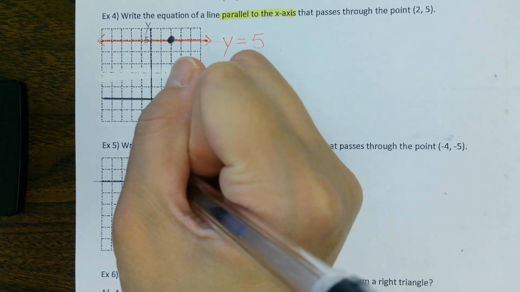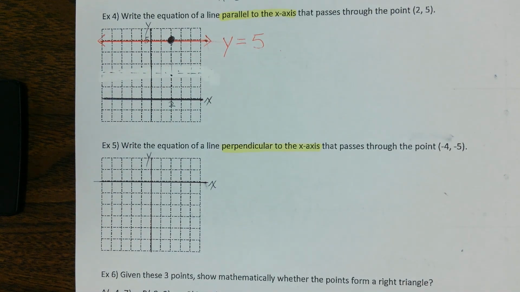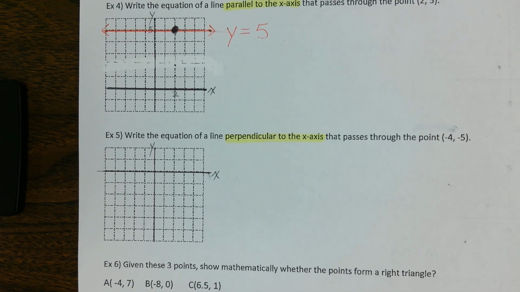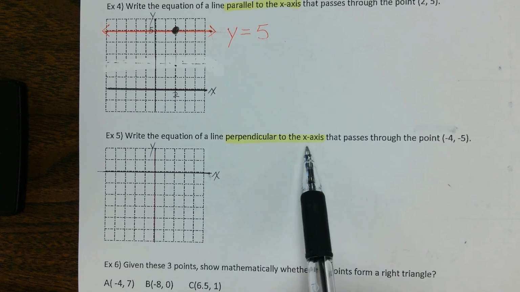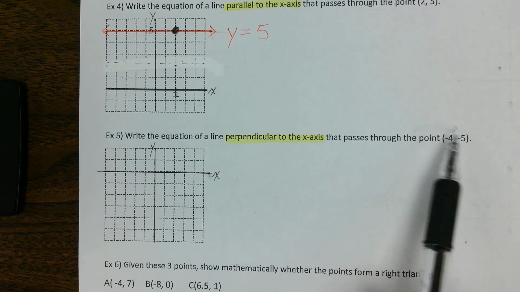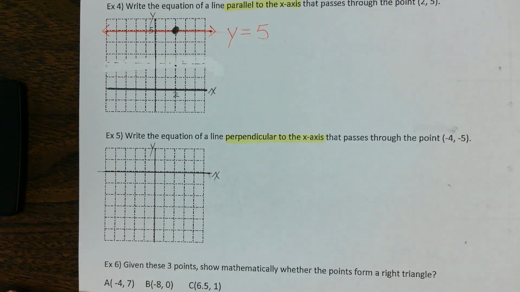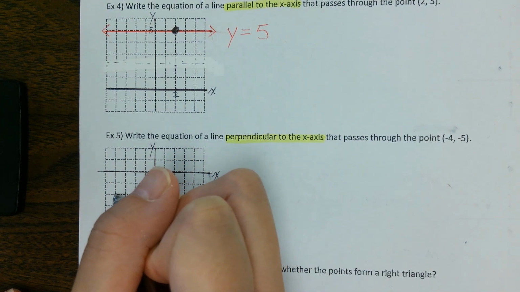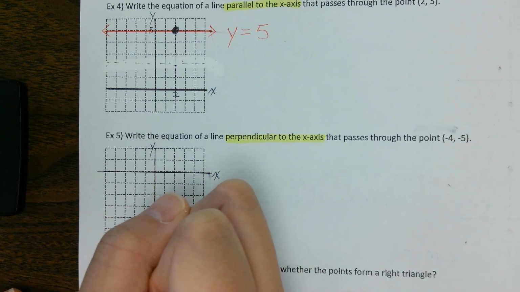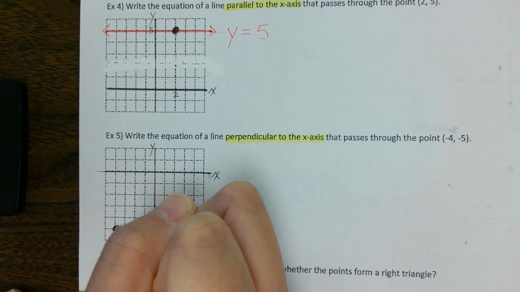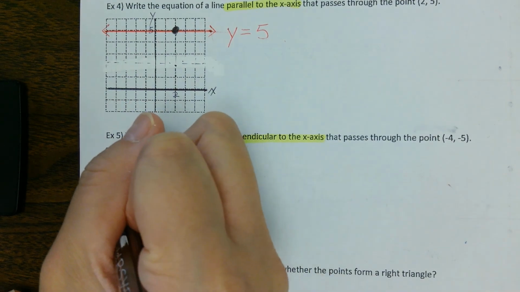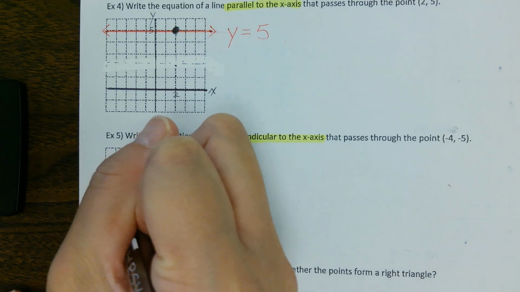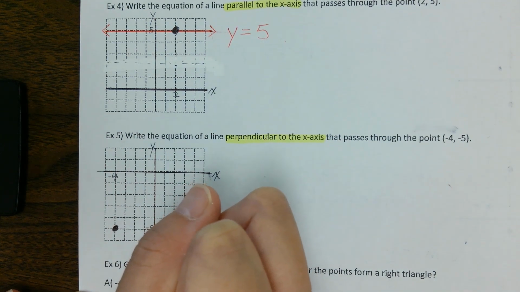So x-axis, y-axis. I'm going to plot this point, -4, -5. So -4, 1, 2, 3, 4. -5, 1, 2, 3, 4, 5. All right, so this is -4, -5.